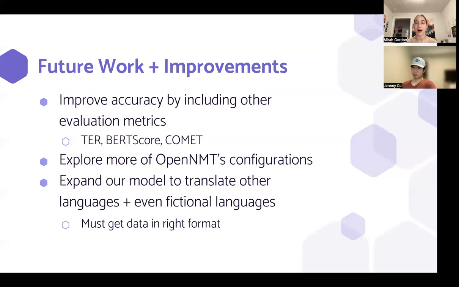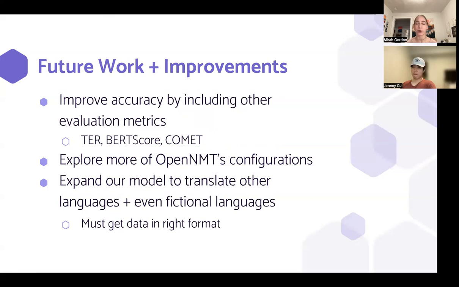And then, looking to the future with this project, some things that we could improve on and potentially add if we had more time would be improving accuracy by looking at other evaluation metrics as well. So there's the translation error rate, the BERT score, and COMET, which are other industry accuracy predictors that exist for translation models.